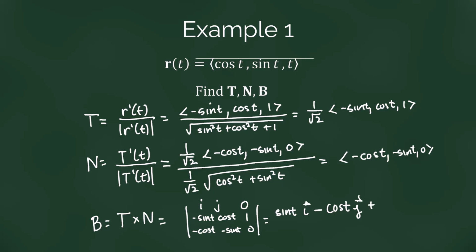And then last but not least, we get sine squared t minus negative cosine squared t, which is 1, times k. So our vector B is the vector sine t, negative cosine t, 1.